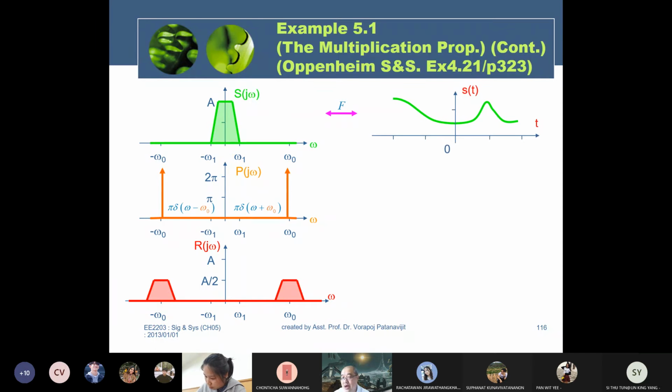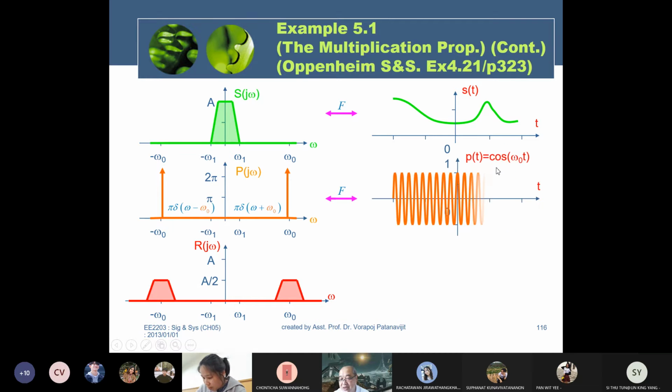Now, how do we show this in the time domain? In the time domain, my voice is about here, and the carrier signal will be the cosine function, right? The cosine function that has a very high frequency. You multiply the carrier and the information signal, or the message signal. The result is here.